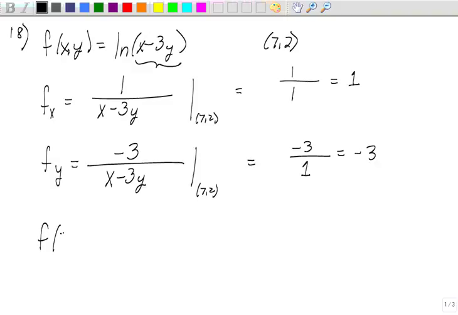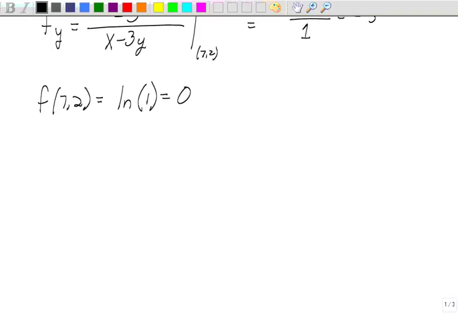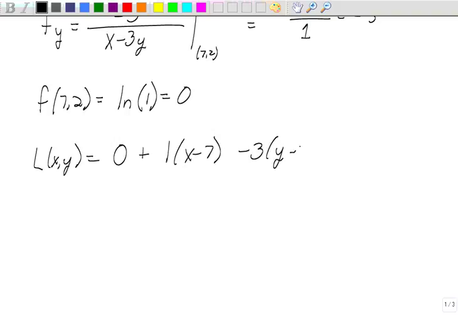And f of 7, 2 is ln of 7 minus 6, which is ln 1, which is 0. So the linearization is that f evaluated at the point, 0, plus 1 times x minus 7 minus 3 times y minus 2. So L is x minus 3y minus 7 plus 6, which is minus 1.